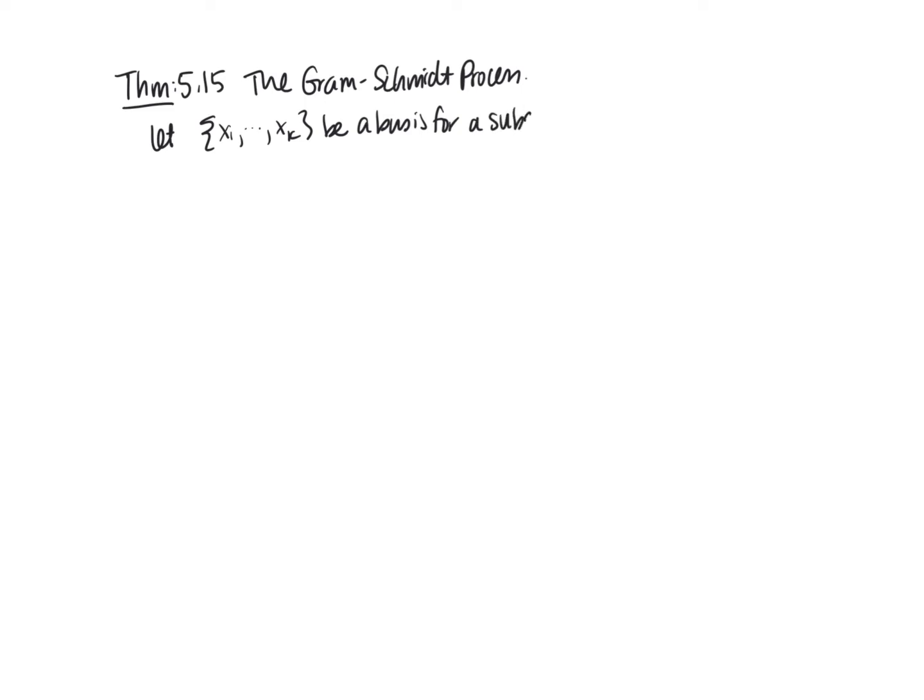Okay, so it says, let this set x1 through xk be a basis for a subspace W of Rn, and define the following.